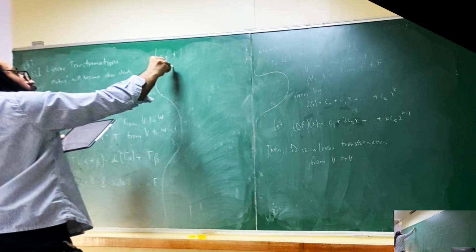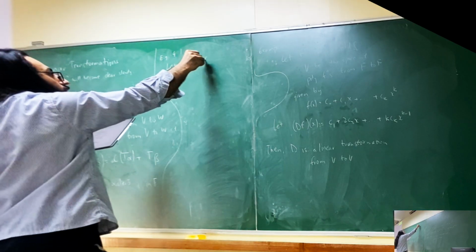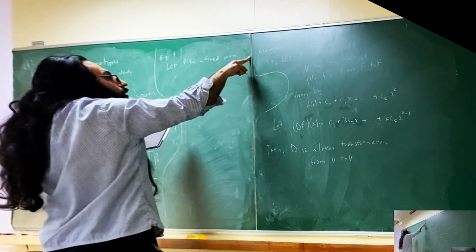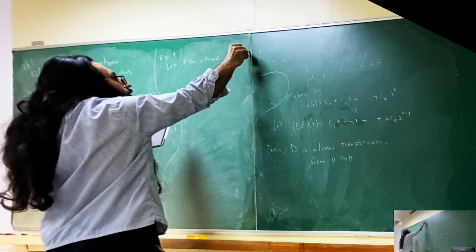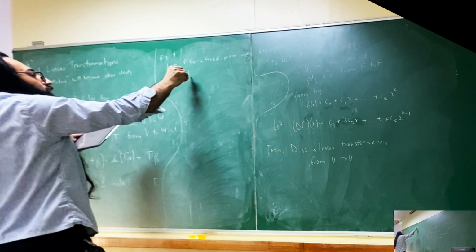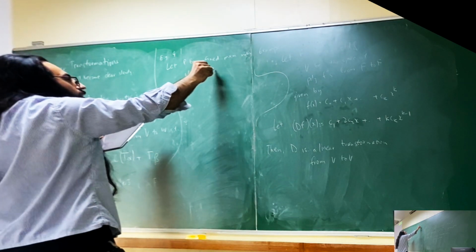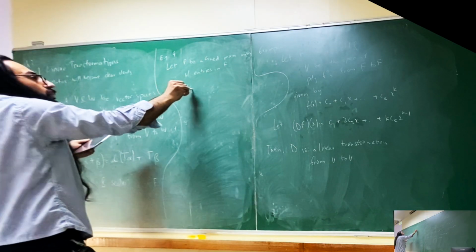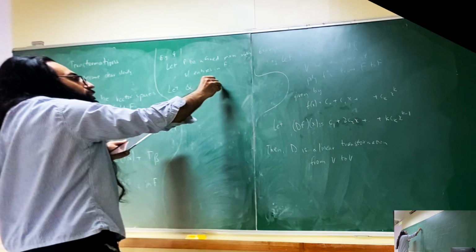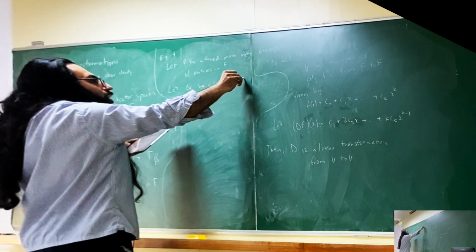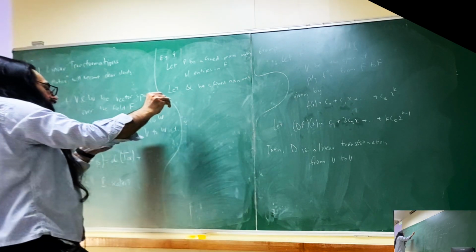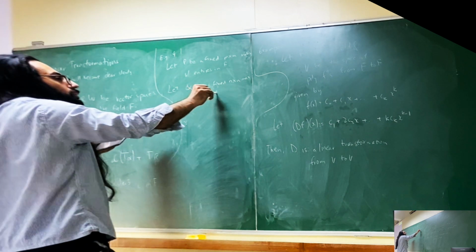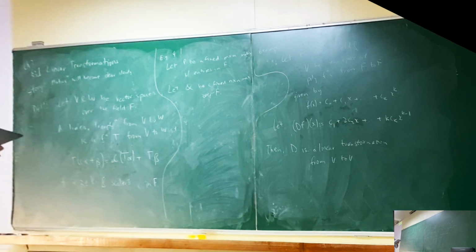Let P be n cross n, and let Q be n cross n, again over F. So P and Q are just matrices.